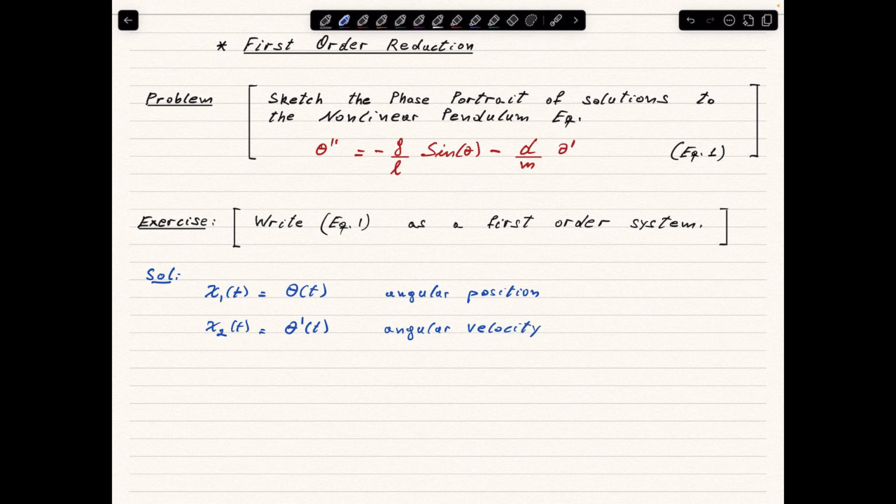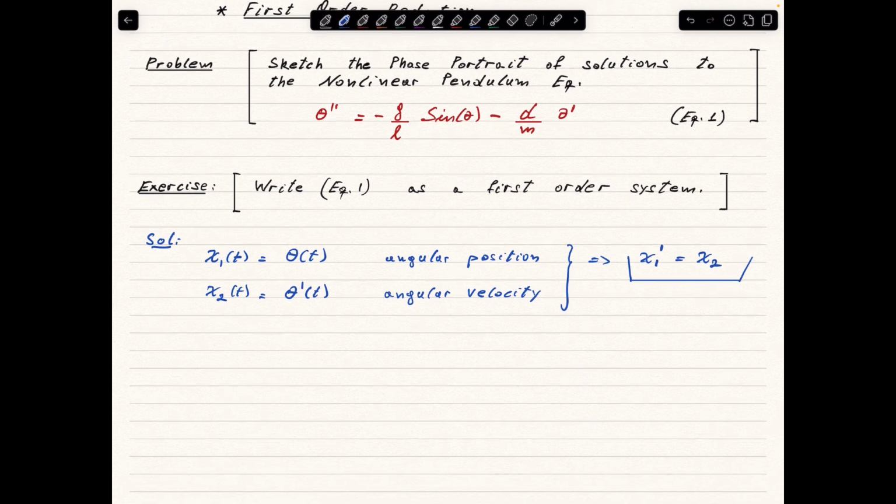With that definition, we always have one equation for the new variables, which is x1 prime is obviously x2. That is the first equation for the system. What is the second equation? The derivative of x2 is theta double prime, which is equal to negative g over L sine of theta minus d over L theta prime.